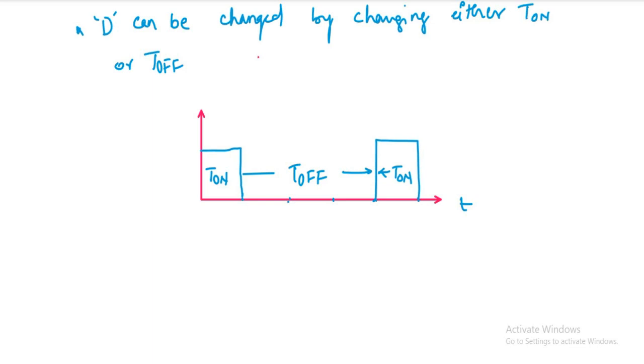If you want to find the duty ratio for this cycle, what is a full cycle here? The full cycle starts from 0, and the time period is the period for a cycle which repeats after some time.